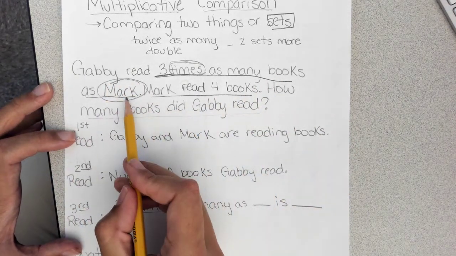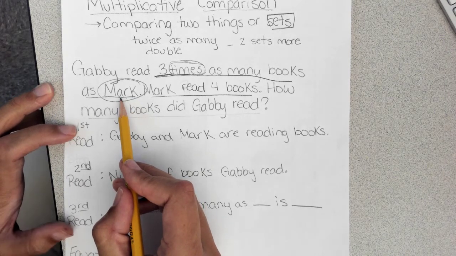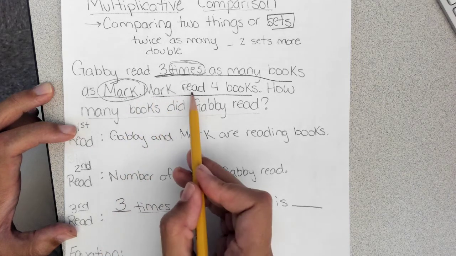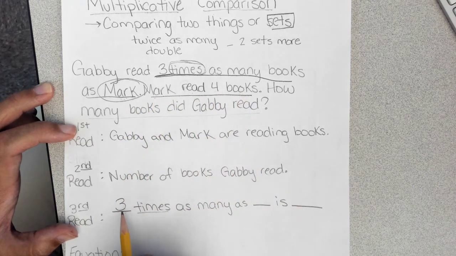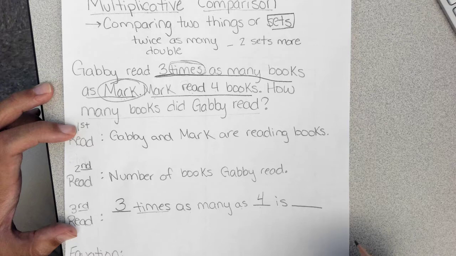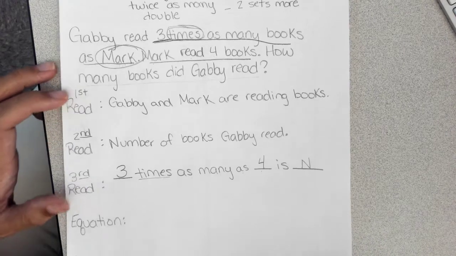So now I need to look in the word problem to see if I know how many books Mark read. In our next sentence, it says Mark read 4 books. So Gabby read 3 times as many as Mark, or 4 books. And that is how many Gabby read, or it's our unknown, so we will use n.